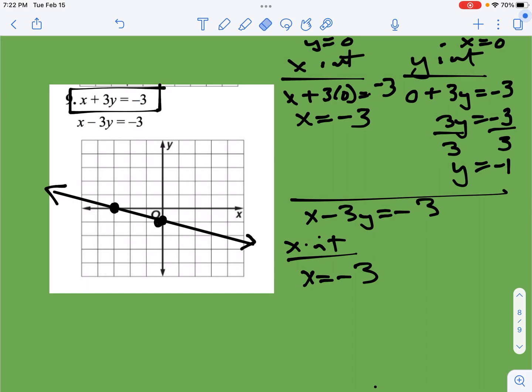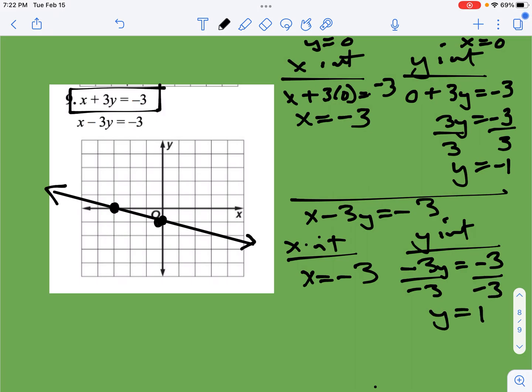So, very good. Now, for my y-intercept, that's where we get something a little different. So I'm going to make x equal to 0, and I have negative 3y equals negative 3. If I divide both sides by negative 3, my y-intercept is now going to be positive 1. So I do have two different lines here.